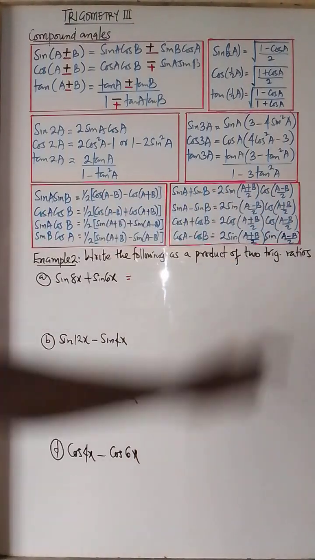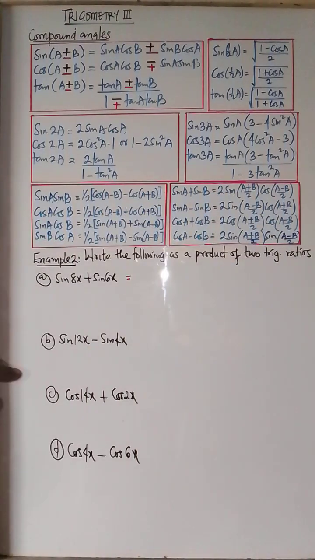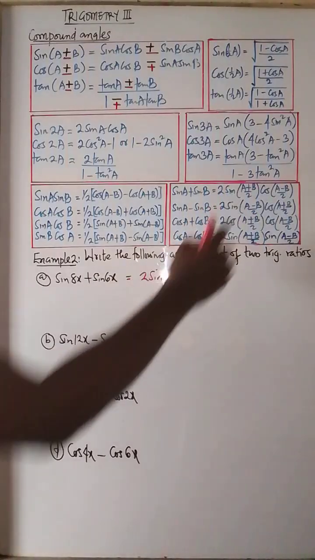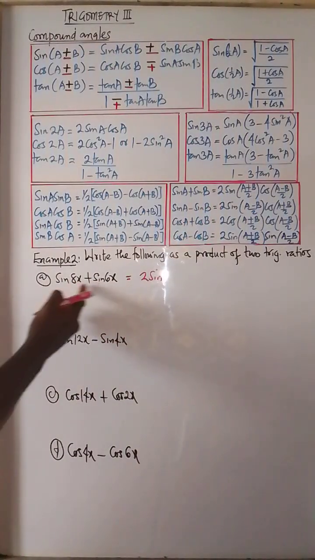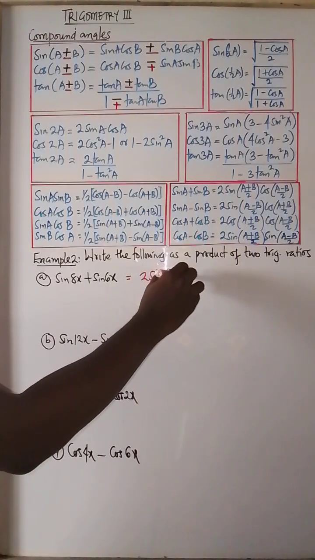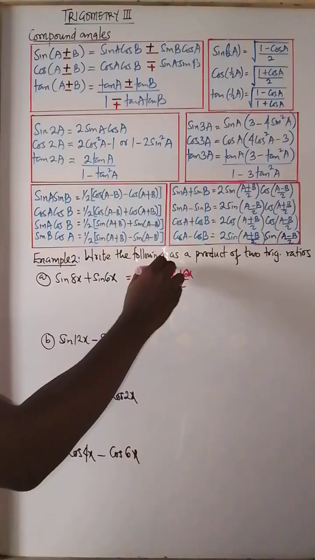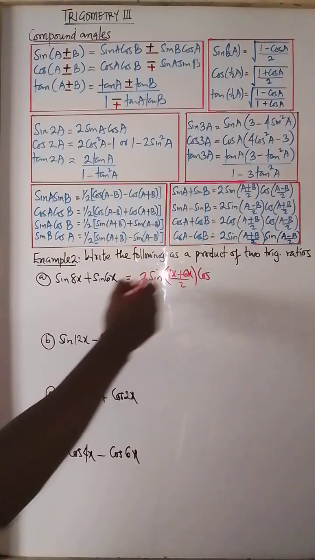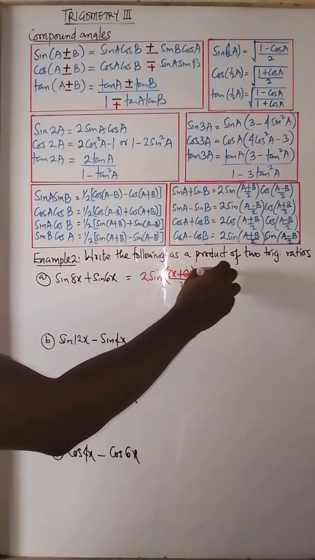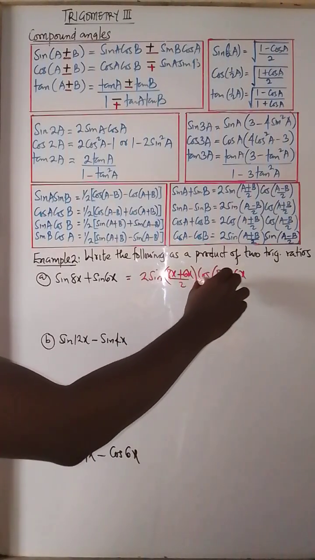So you're applying the first line. So we'll do 2 sine. A plus B means we add the two angles. A is 8x, B is 6x. That's 8x plus 6x over 2. Then cos A minus B. What is it? 8x minus 6x over 2.